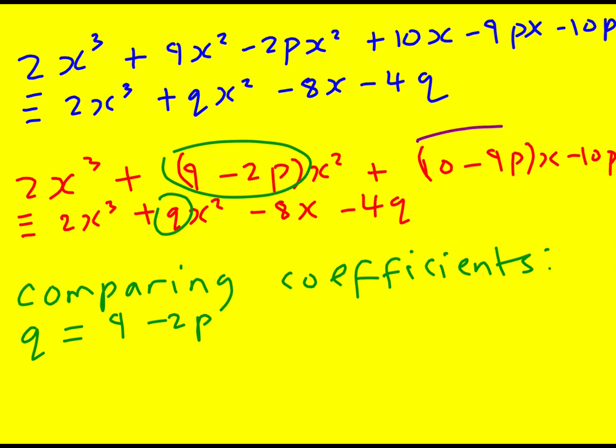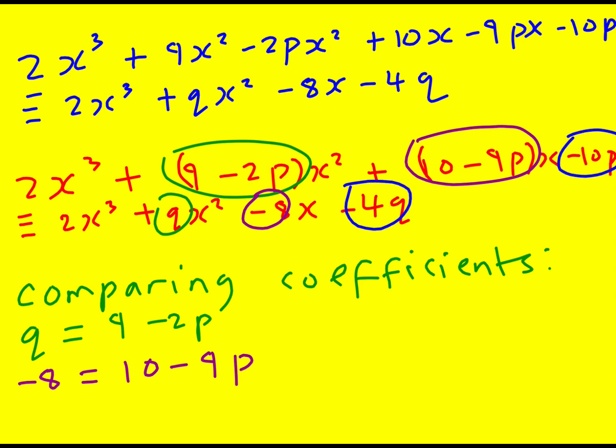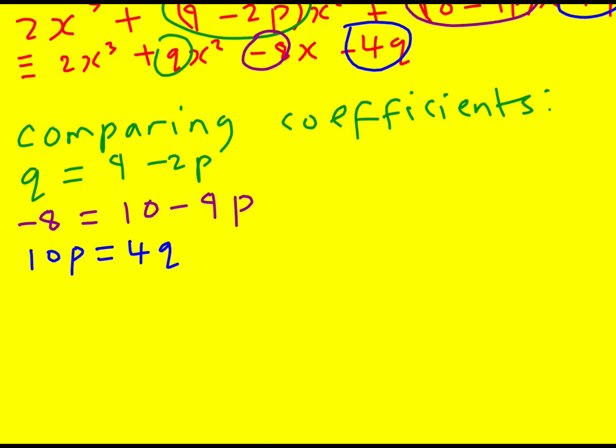And then I've got 10 minus 9p is minus 8. And I've also got that minus 10p is going to be minus 4q, or equivalently 10p is 4q.